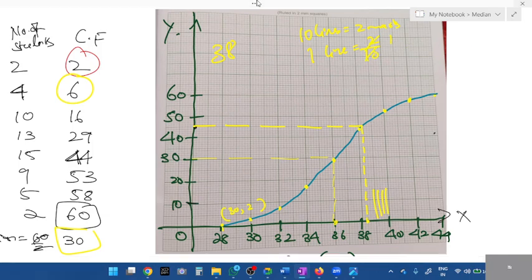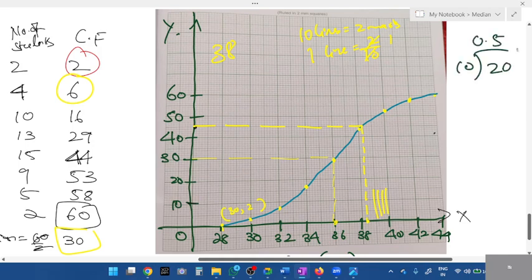Sorry, what is 2 divided by 10, students? 0.5, right? No, no, not 0.5. My calculation was wrong. Tell me what is 2 divided by 10. How do you divide it? 0.2. This is where I've gone wrong. So each line is equals to how many values? 0.2.